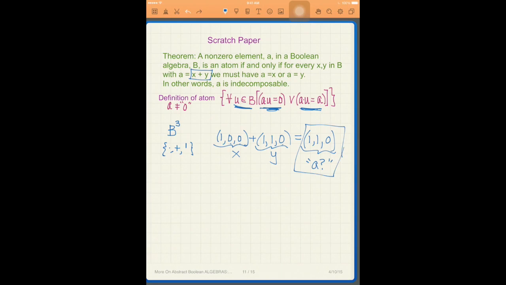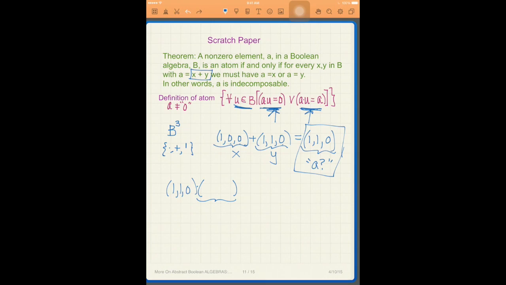If this is an atom, then if I take A, and I'm going to use this one on the left-hand side, because if I do A times U, I should either get back 0 or A. So I'm going to take a U, any element in the Boolean algebra. Well, I don't want to take 1 because I know I'm going to get back A if I use the 1 element. So that wouldn't be a good one to show you a counterexample.